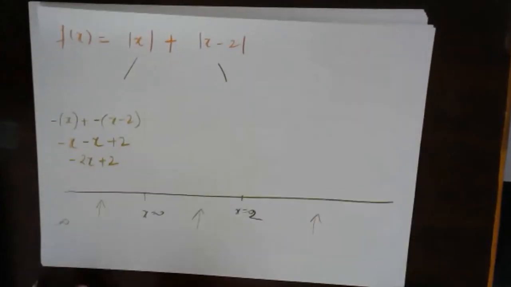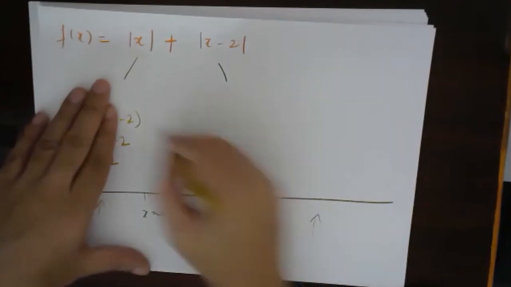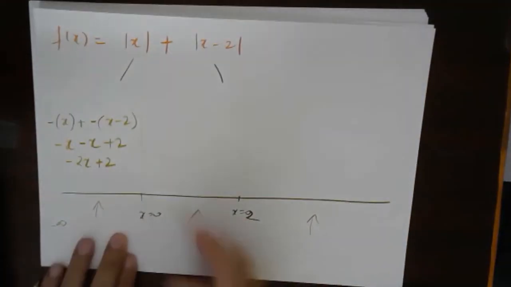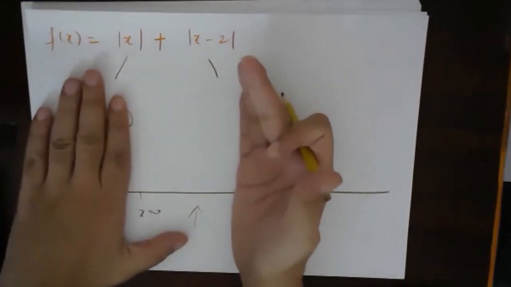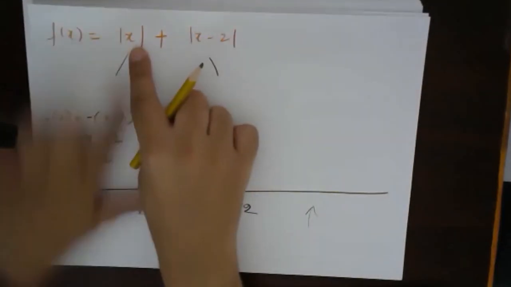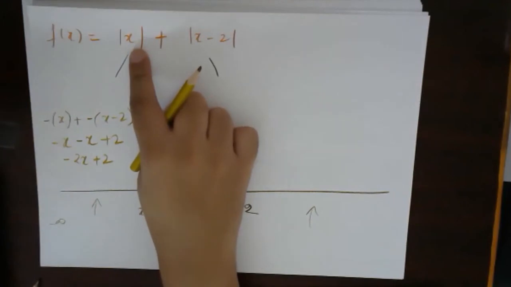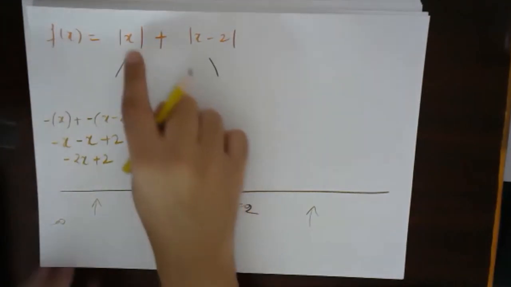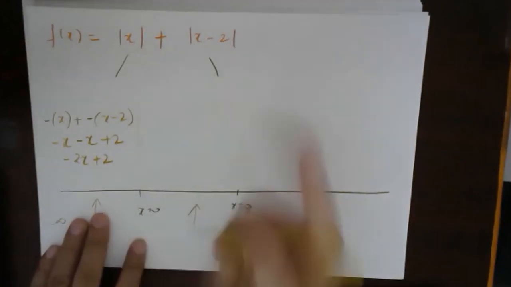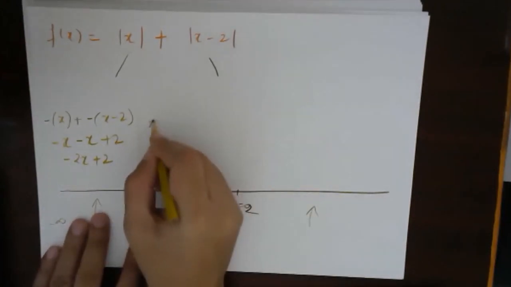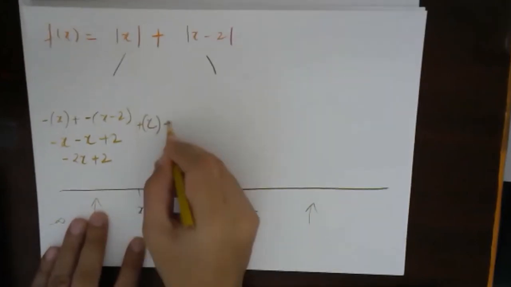Everybody understood this? Now for the second one, when x is greater than 0 and less than 2, this modulus of x will be positive, so it will open with a positive sign. So this will be plus x.